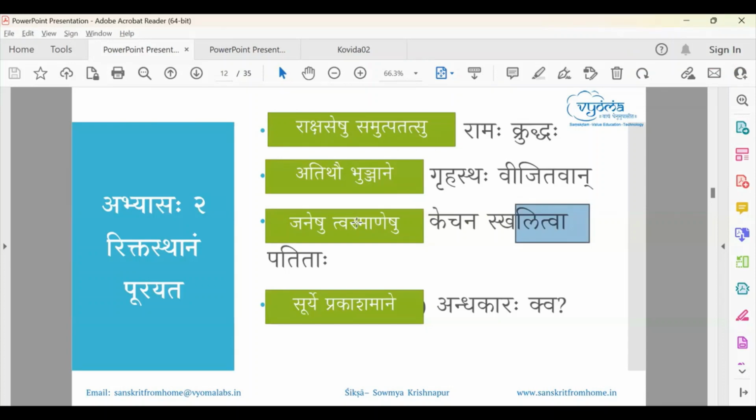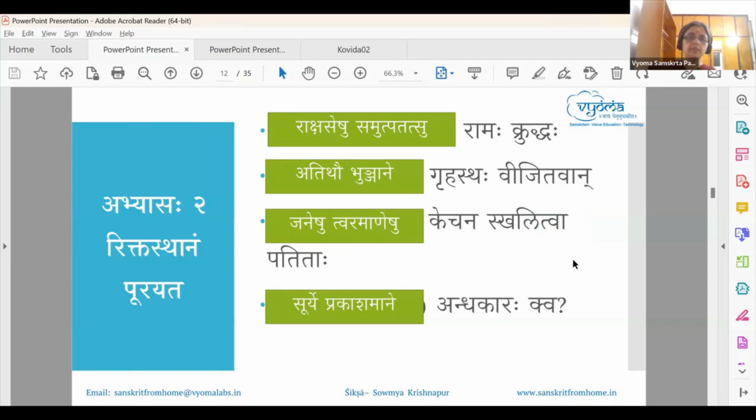Janeshu Varamaneshu Kechan Skalitva Patitaha. Janeshu Saptami Bahuvachanam. So Janaha Tvaramanaha Asan. Tvarate. You remember the dhatu? Hari. Yes. When people were hurrying, Kechana Skalitva Patitaha.